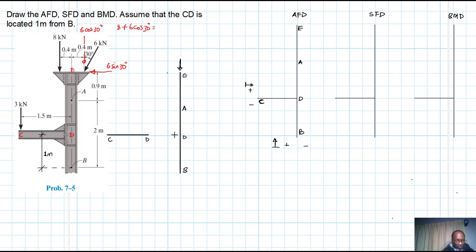We had 8 plus 6 cos 30, and the total value that we got from the previous video was 13.1962.